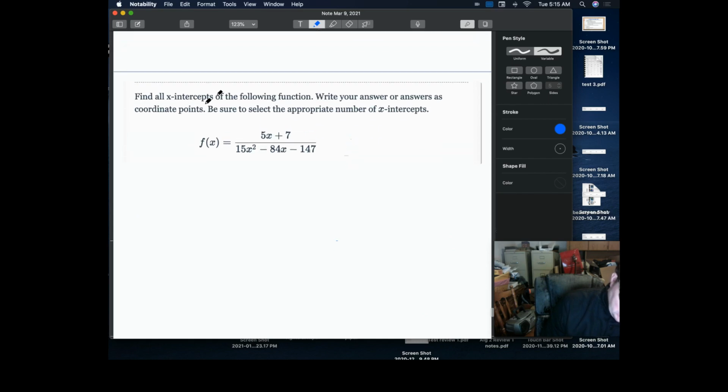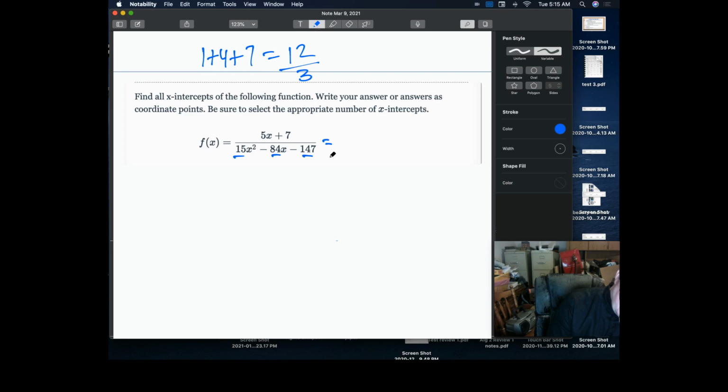Find all the x-intercepts of the following function. So again, I'm going to factor the bottom. One thing here, I'm not sure about 147. Well, okay. So there's this cool trick. If the sum of the digits, 1 plus 4 plus 7 is 12, is divisible by 3, so is the number. So all of these are divisible by 3.